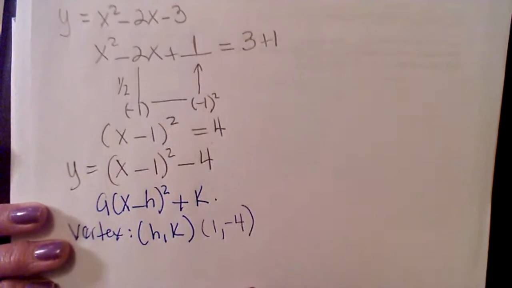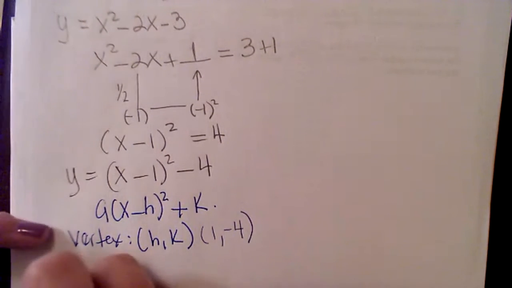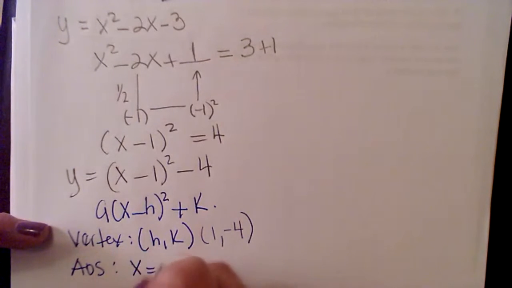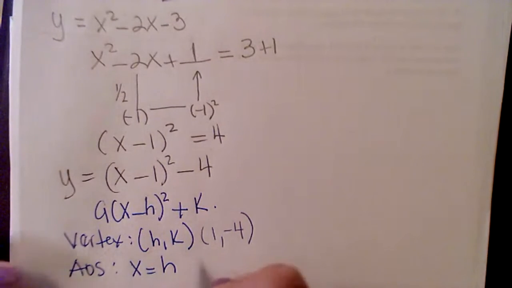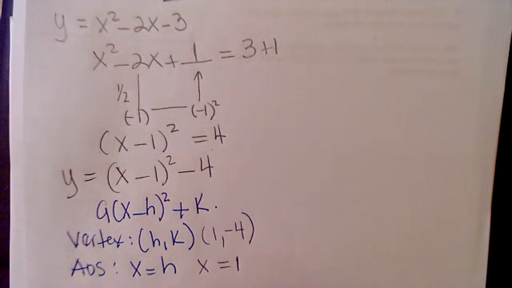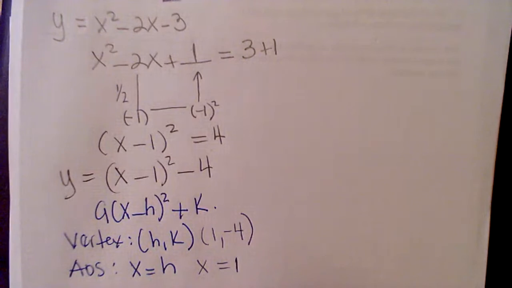That's my vertex. Now, axis of symmetry, we said x equals to h. X equals to 1. So we did this part, right?